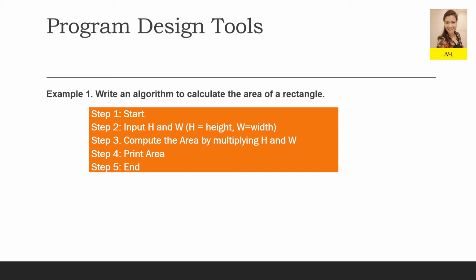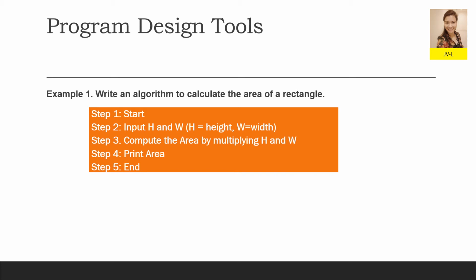Step 2, input H and W. As mentioned earlier, H is for height and W is for width. Meaning, in step number 2 we are defining our variables, H for height and W for width.